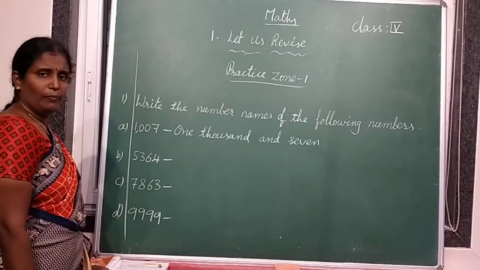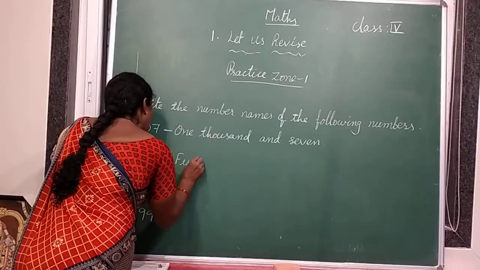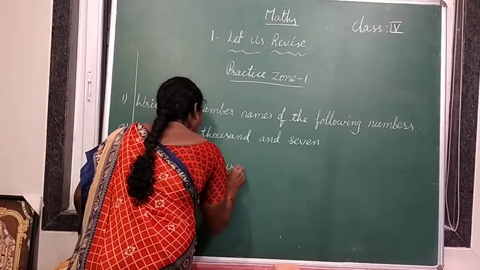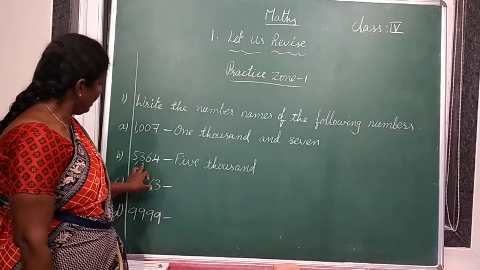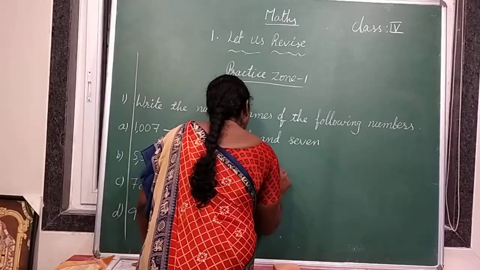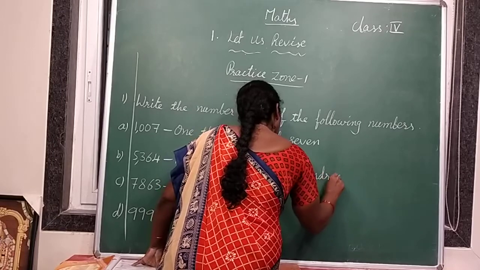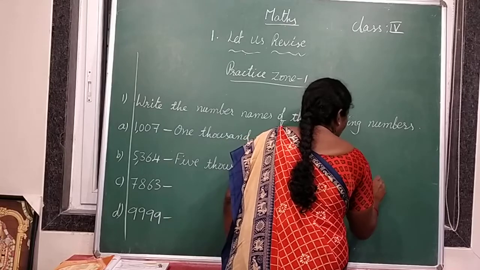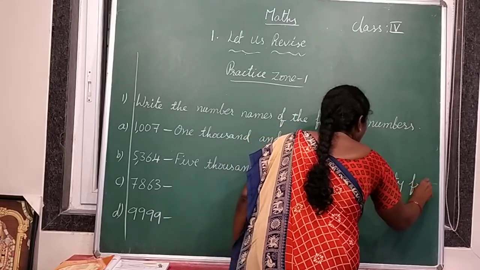What is the number name? Yes, very good. 5,000. 5,300. 364. Very good.